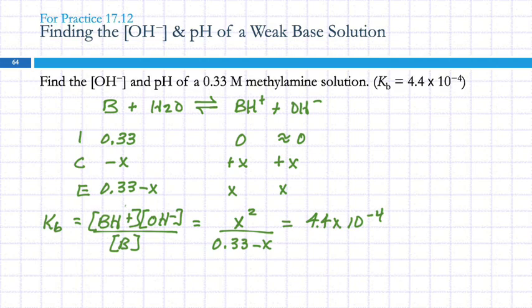This is one where the X is small approximation would probably work. And so if we do X is small, then that X goes to 0. And then we end up with X being equal to the square root of 0.33 times 4.4 times 10 to the minus 4.